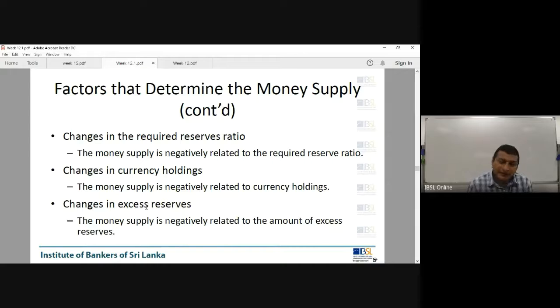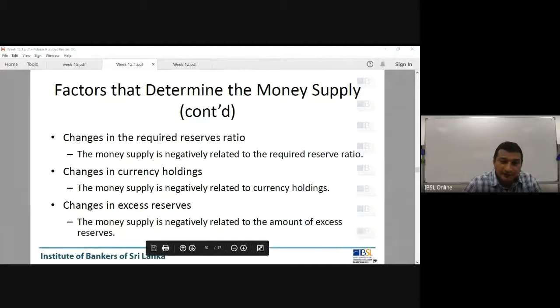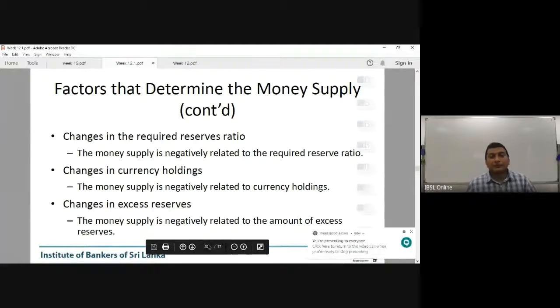So the money supply is negatively related to the amount of excess reserves, because if the bank becomes risk averse and keeps more than what is required in the reserves, by that amount they will not be able to create new deposits, or the loaning possibilities are reduced.